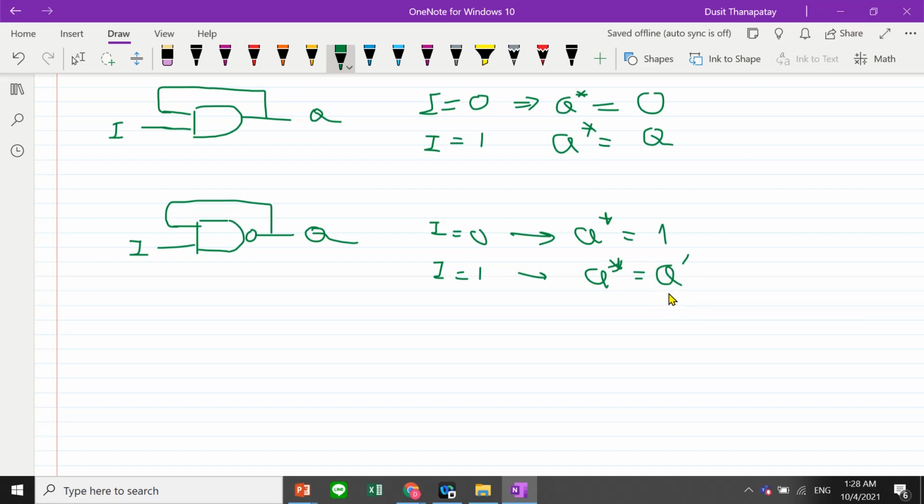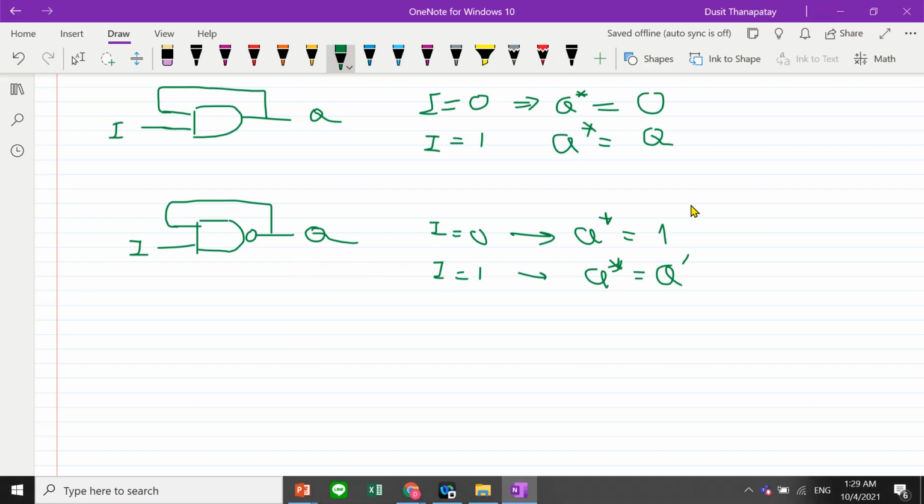If the previous is 1, Q star is 0, right? Invert of 1 is 0. That means the output may be 1, and when time passes, it changes to 0. When it's 0, when time passes again, it changes to 1, right? Something like this, 1 0 1, and so on.